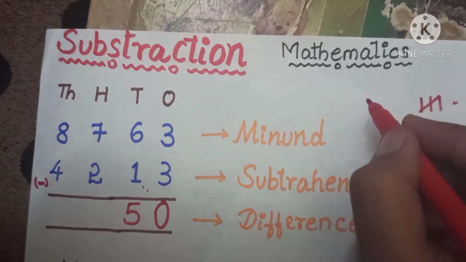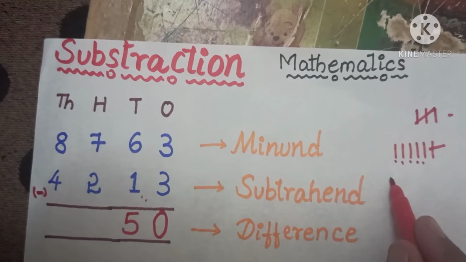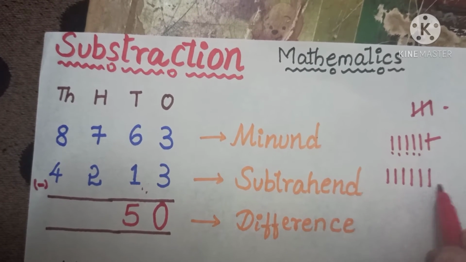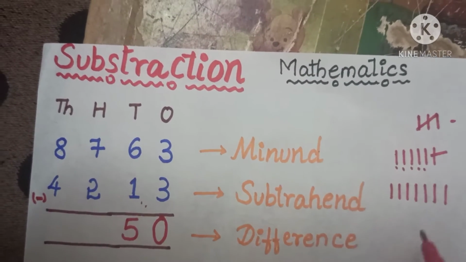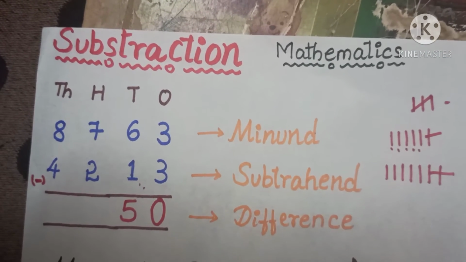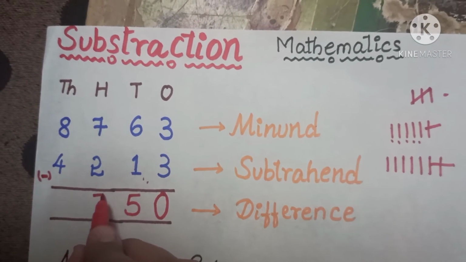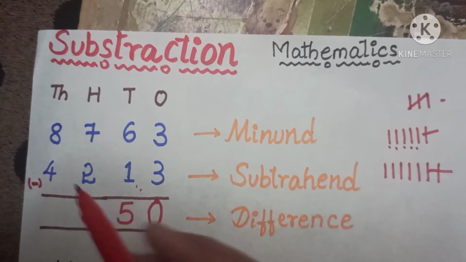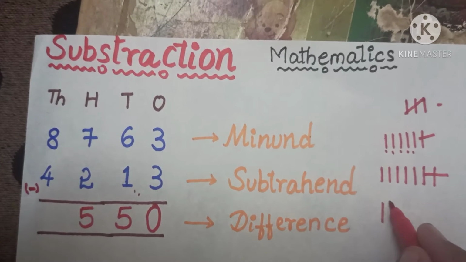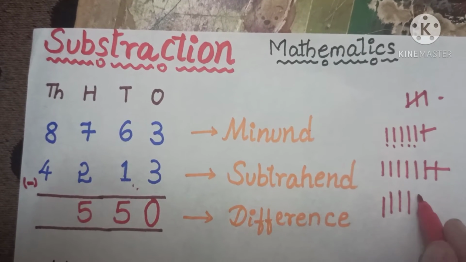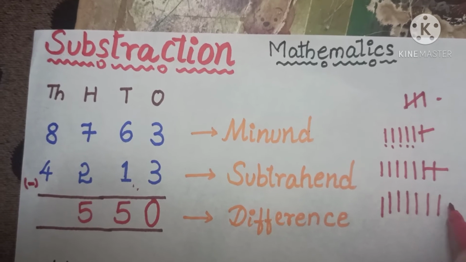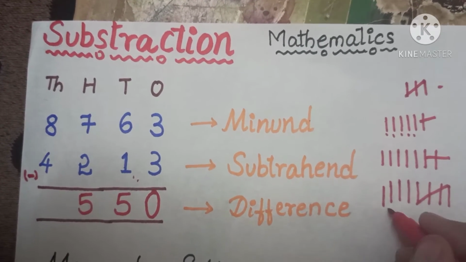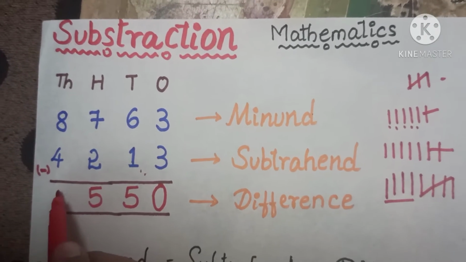Next, you have 7 chocolates: 1, 2, 3, 4, 5, 6 and 7. You give 2 chocolates to your friend and you remain with 5 chocolates. Next, you have 8 chocolates: 1, 2, 3, 4, 5, 6, 7 and 8. You give 4 chocolates to your brother and you remain with 4 chocolates.